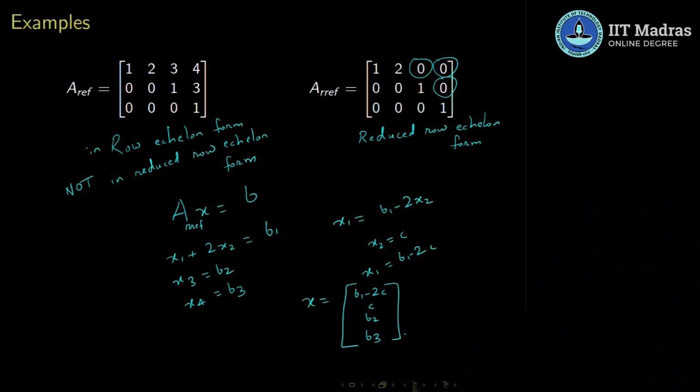If you take c to be 5, let us say, then your solution will be (b1 minus 10, 5, b2, b3). So you can see that I can read off solutions for these matrices in this way, and not just some solutions, we can in fact read off all solutions, right. This is the only way we can get solutions for these matrices, and this is the use of the row echelon form or the reduced row echelon form.